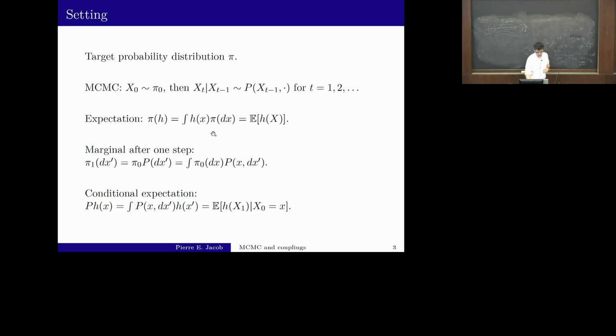We're trying to estimate some integrals with respect to pi. We denote by pi_t the marginal distribution after t steps. So pi_1, for example, is what happens when you start from pi_0 and you do one step. This can be written as the integral of pi_0(dx) P(x, dx').